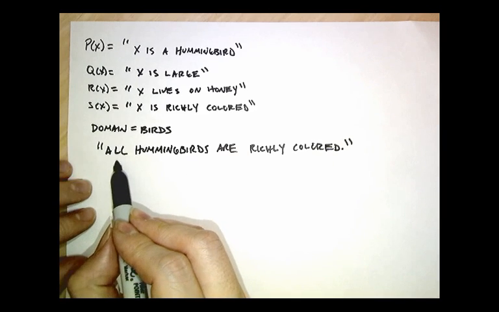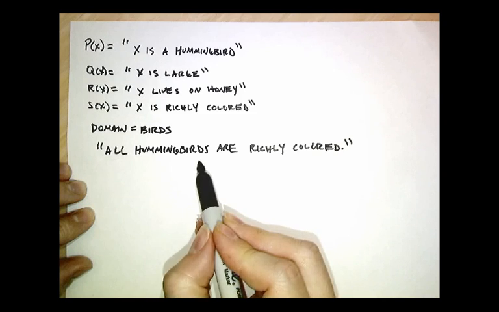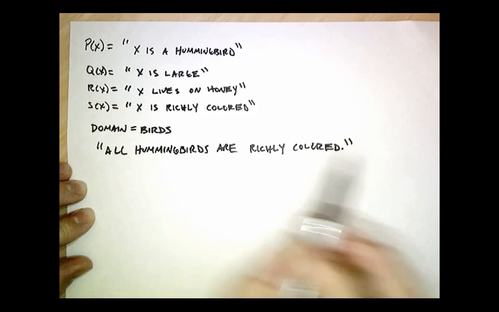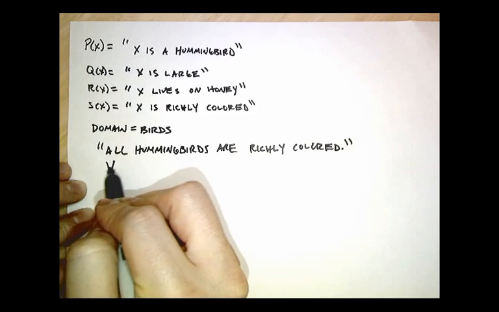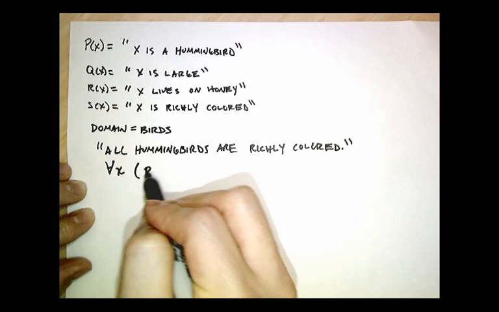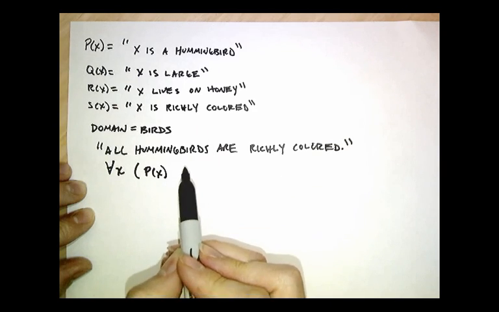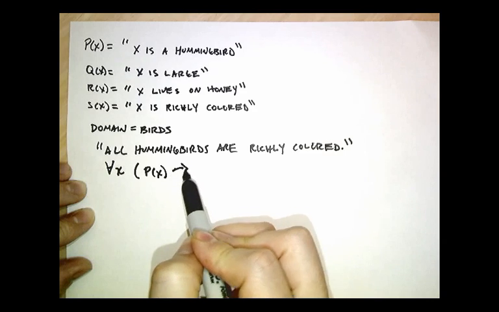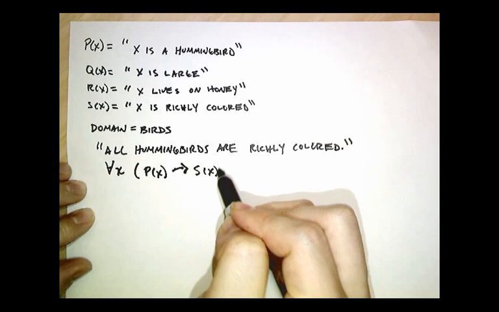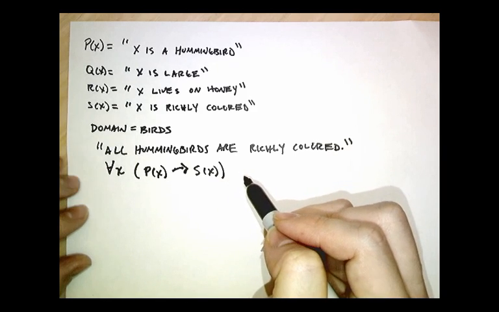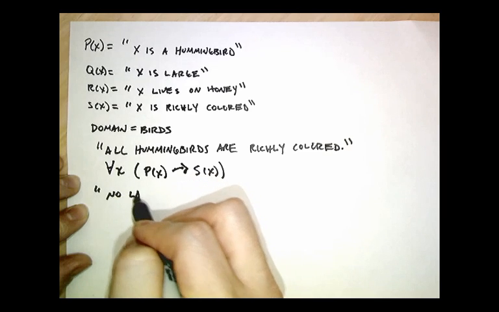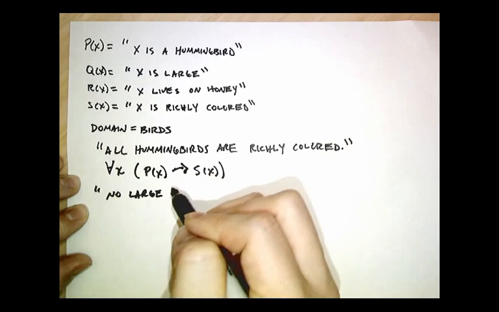Another way to think of this is, well, for all birds, if you're a hummingbird, then you are richly colored. So by that logic, for all x, if P of x is true, if you're a hummingbird, this implies that S of x is true. You're richly colored.